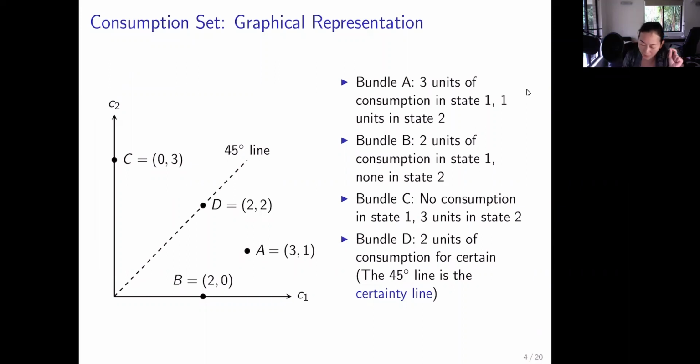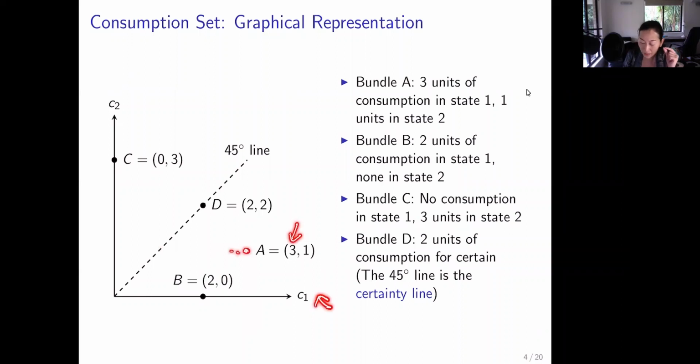It is clear now that for C1 and C2, if I pick, for example, point A, it's not a bundle anymore, at point A, 3, 1, 3 here and 1 here, what it means is that if event 1 occurs, my wealth, my consumption, is equal to 3.